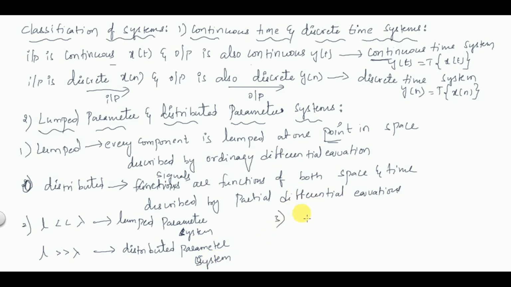And the third difference is circuit theory. Circuit theory is used to study lumped parameter systems, and field theory is used to study distributed parameter systems.